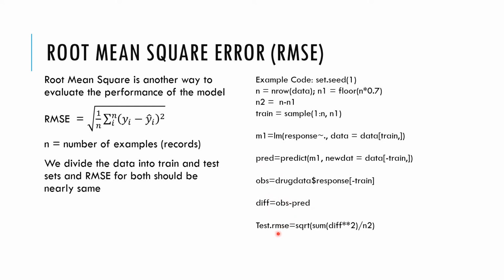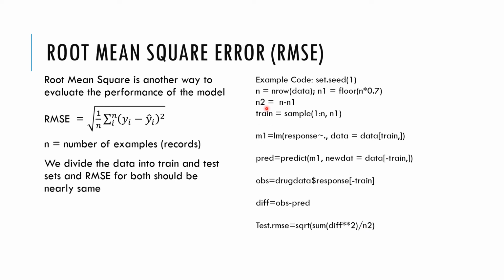So test.rmse is the square root, as we saw, of the sum of the squared errors. The double star is for the power, or you can also use the caret sign. So we take the square of the difference and divide it by n2. Why n2?